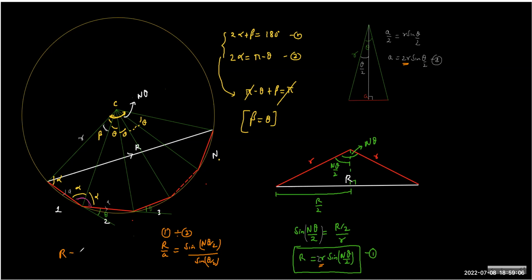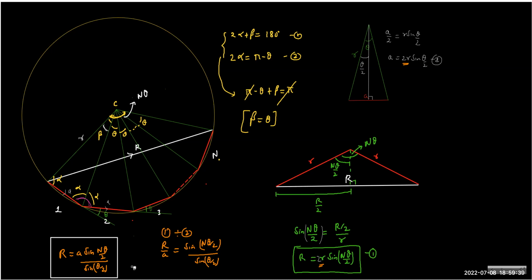The resultant is basically a sine n theta by 2 upon sine theta by 2. This will be a challenging problem in trigonometry when you study the triangle. You may come across a question like this: finding the length of the side of a polygon, and we got it mathematically.